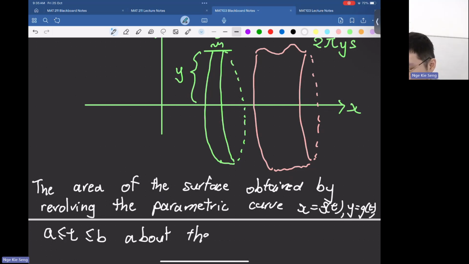It's very important: this is about the x-axis. You can imagine you can also do it around the y-axis, for example.